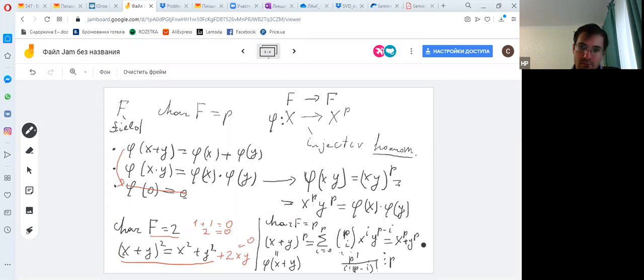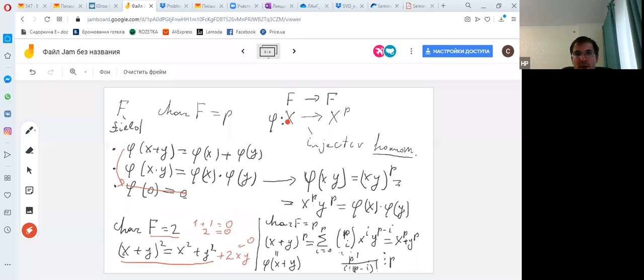And this shows us that the first law is correct, and phi is a homomorphism. So we have checked that phi is a homomorphism.